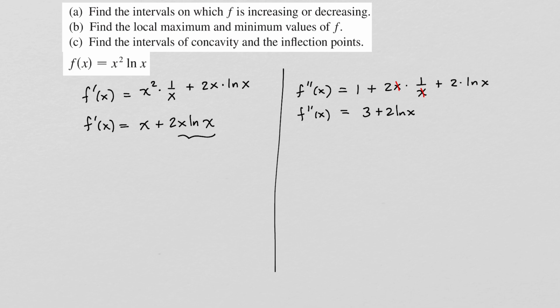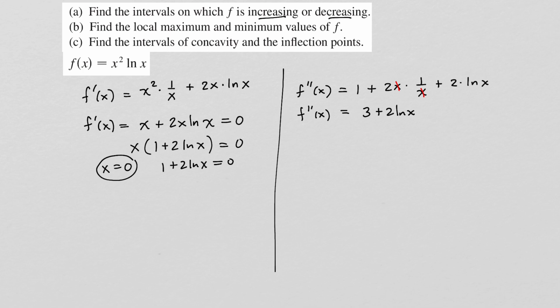Now, to find the intervals of increasing and decreasing, we are going to set our first derivative equal to 0. And we're going to solve this equation by first factoring out an x, which is going to give us 1 plus 2 times the natural log of x. And then we're going to set each of these equal to 0. Now here we get x equals 0. For the other one, we get natural log of x is equal to negative 1 divided by 2, right?